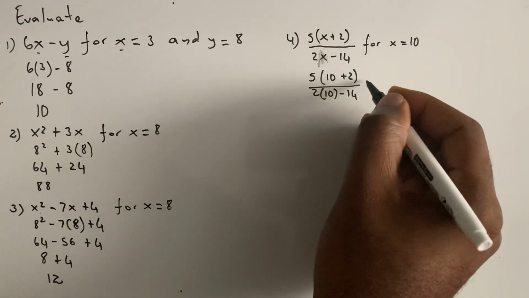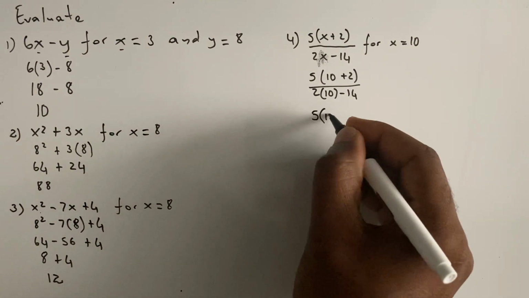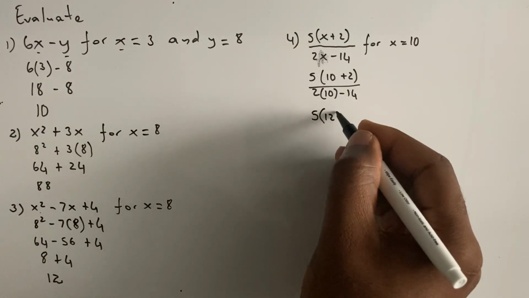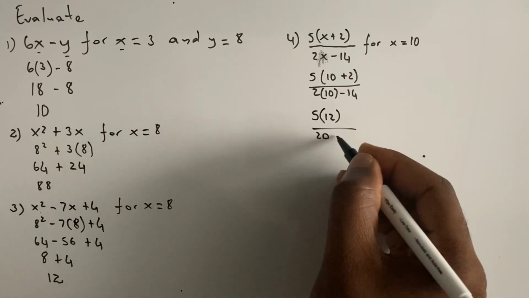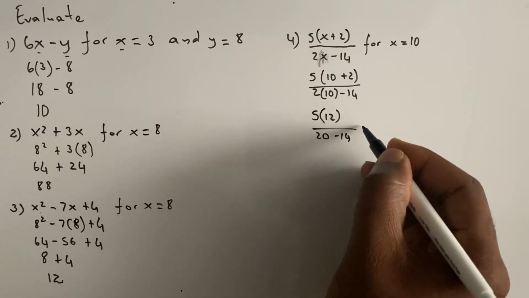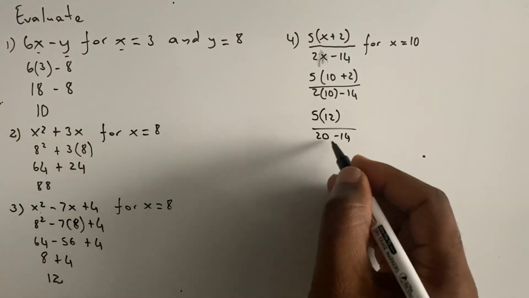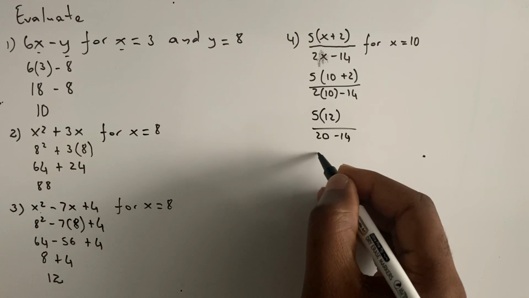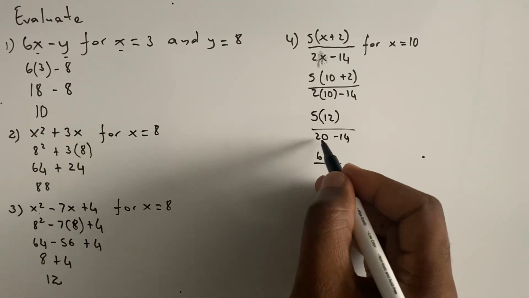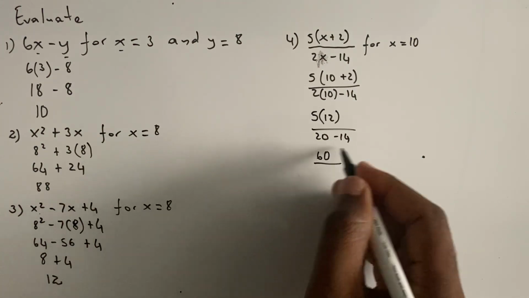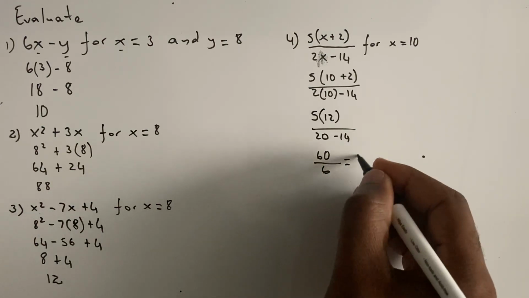Do parentheses first here on top: 5 times 12, because that's 10 plus 2, over 2 times 10 is 20, minus 14. The top part, 5 times 12, is 60. Then 60 divided by 20 minus 14, which is 6, right? And 60 divided by 6 is 10.